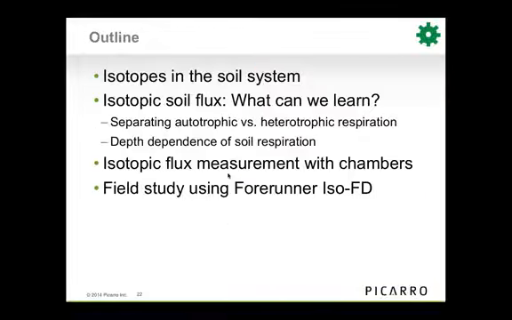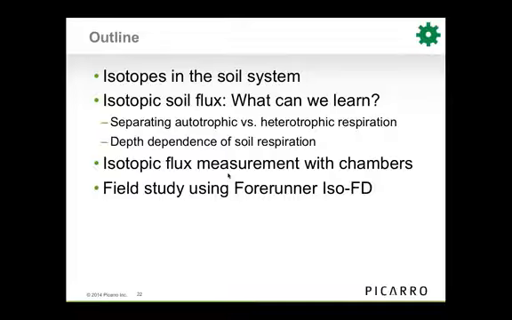So now I'm just going to talk a bit about a few studies that we've done here in Nova Scotia, looking at isotopes and how they can help us understand soil flux. I'm going to give you a brief overview, taking from what Nabil had said in the beginning. Then I'm going to look at two different studies we've done here, mostly looking at separating autotrophic and heterotrophic respiration.